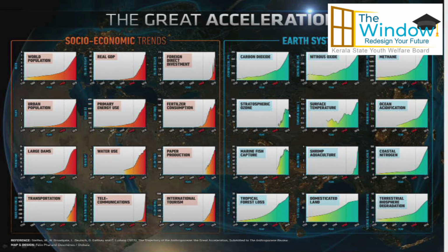While comparing the socio-economic trends and the earth system trends, we can see that the changes in the last 50 years are very high, and the changes in the socio-economic trends also impact the earth system, which is also high in the last 50 years. So there is clear proof that the changes in the earth system are due to the socio-economic trends, that means human activity or human impact.